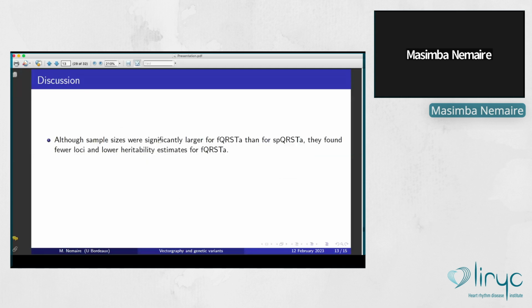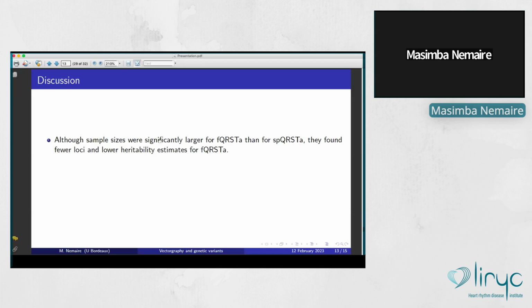So they also checked the heritability of these genes. They observed, so again, the value of the two-dimensional thing is not so much, because even the heritability of the genes is lower.